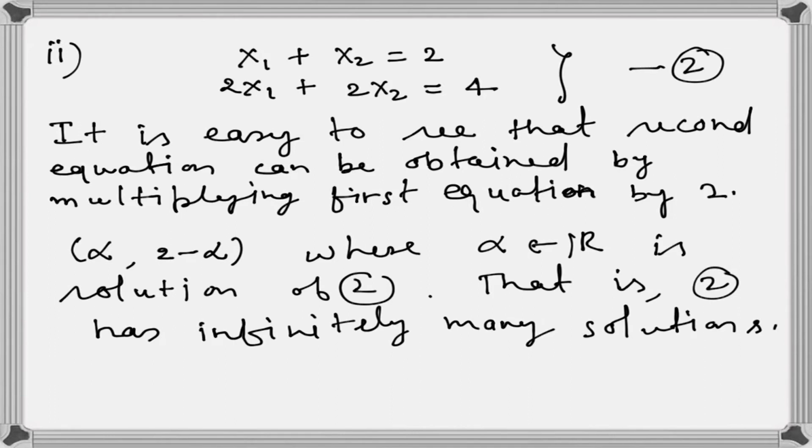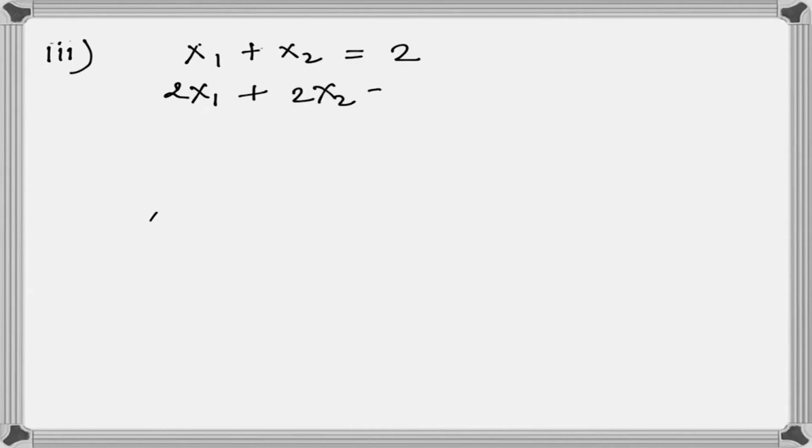Okay, so let's consider another example. x1 plus x2 equals 2, 2x1 plus 2x2 equals 3. So this system of equations has no solution.